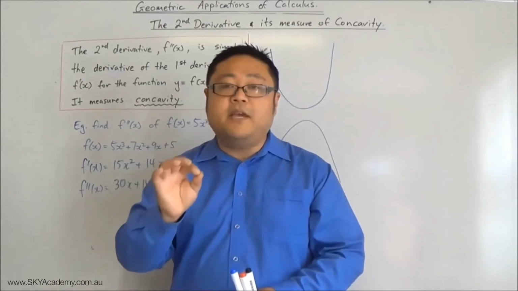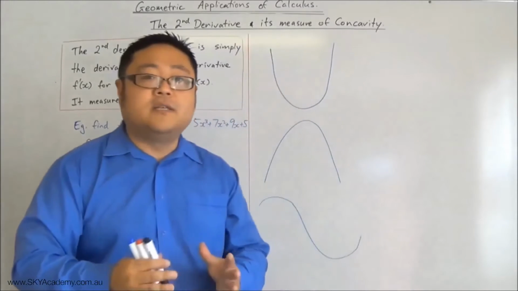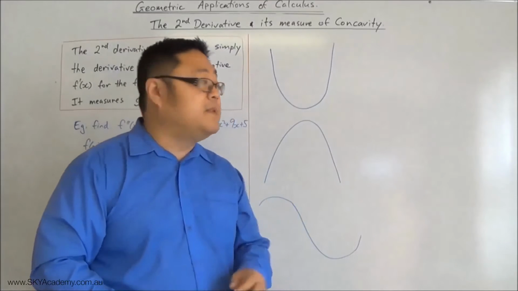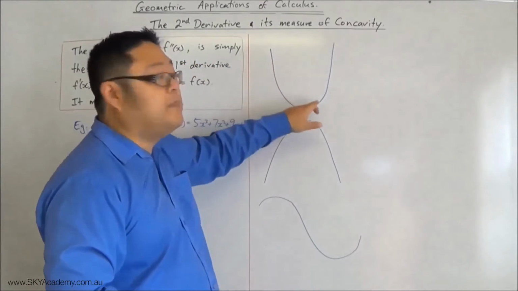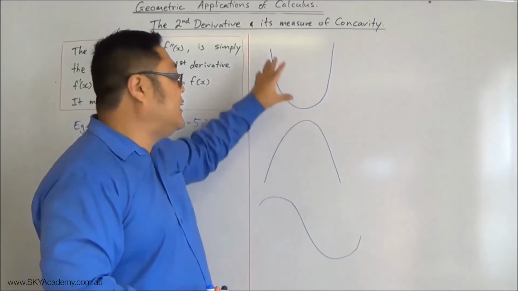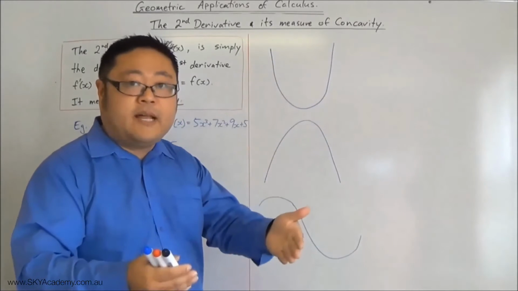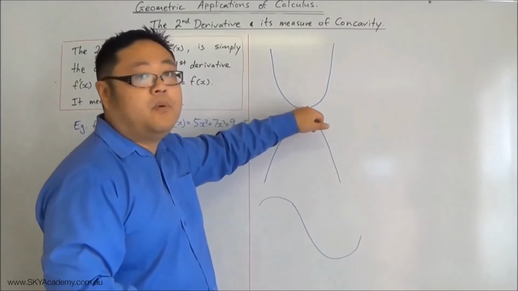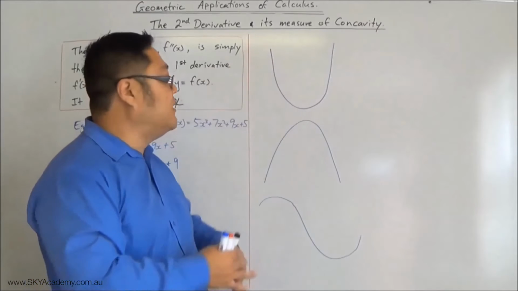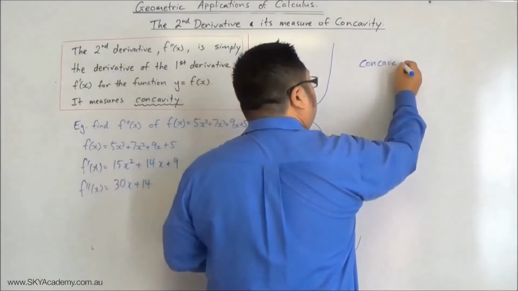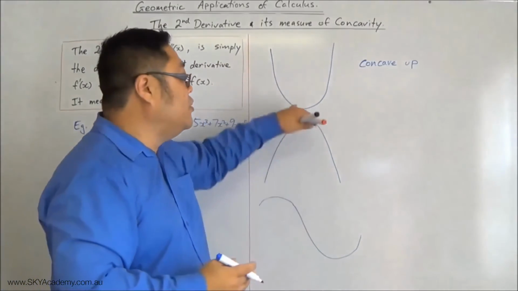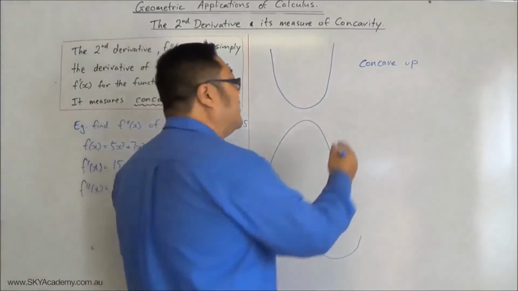What does it measure? It measures a concept known as concavity, which can best be described this way. See this smiley face here? From the last episode, it gives us a minimum at this point. But this whole smiley section is what we call concave up, and concave up usually results in a minimum.